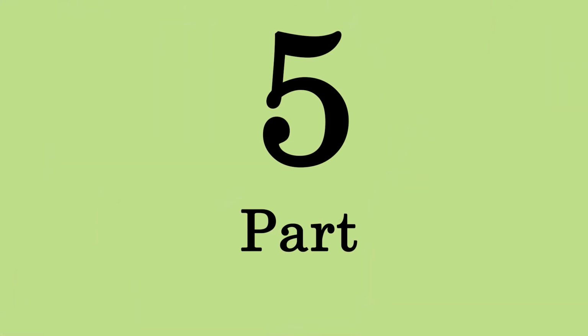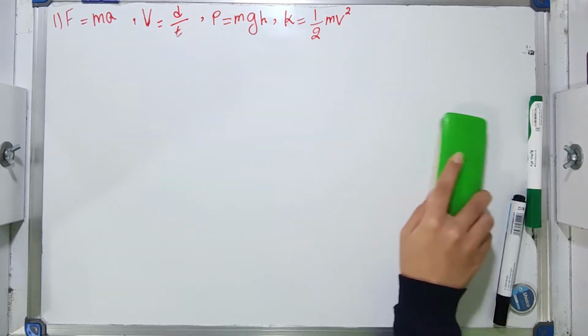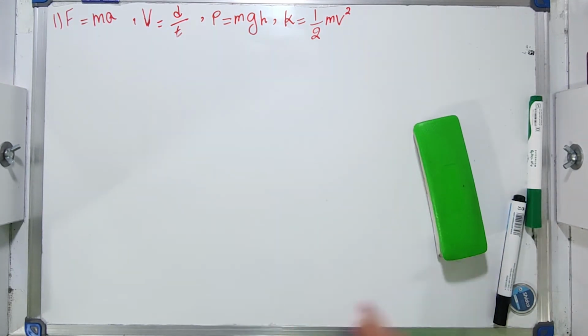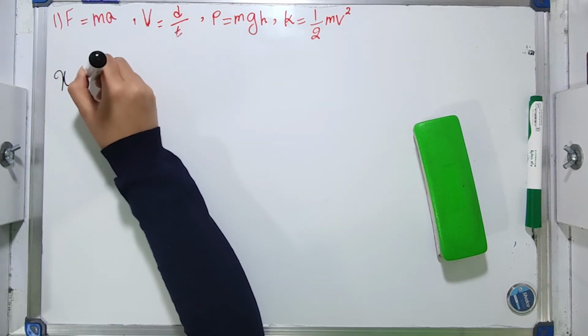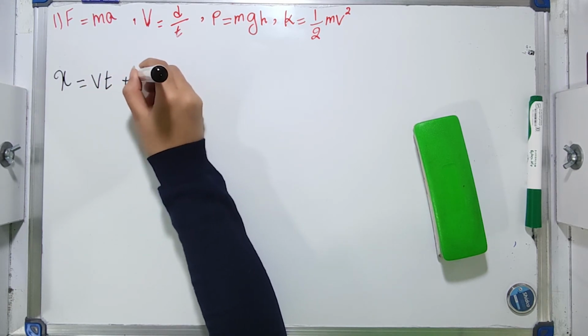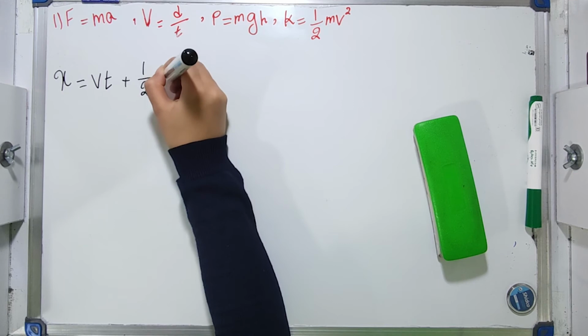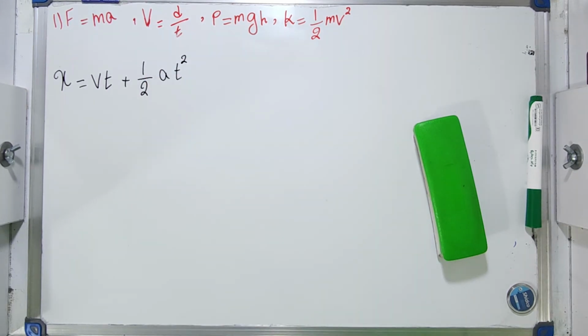The final equation that we are going to rearrange is this one. x is equal to vt plus 1 over 2 at squared. So imagine that here I have x.